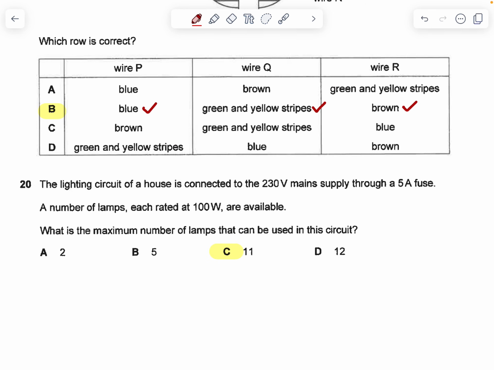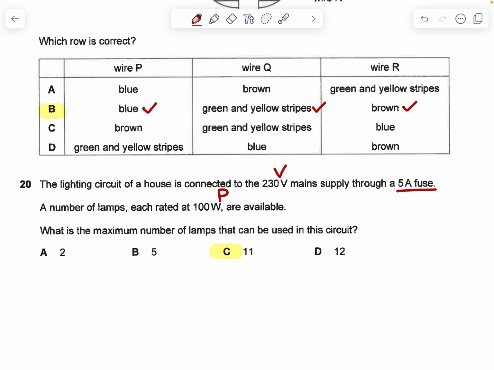Question 20. The lighting circuit of a house is connected to a 230 volt mains supply, so V, through a 5 ampere fuse. Lamps rated at 100 watts are available. What's the maximum number of lamps that can be used in this circuit?